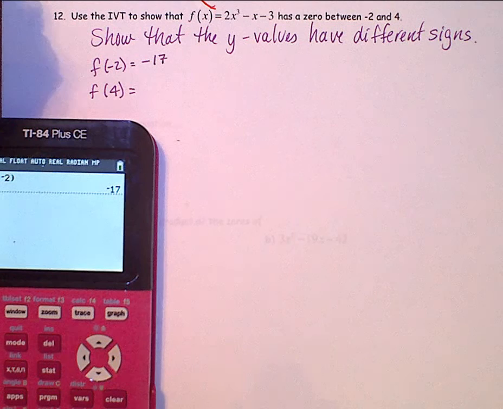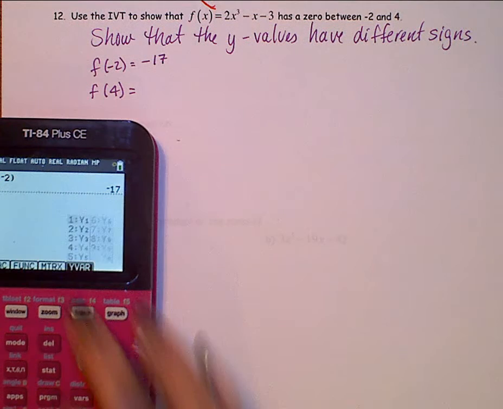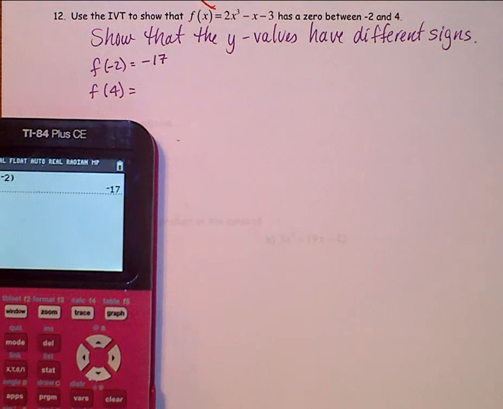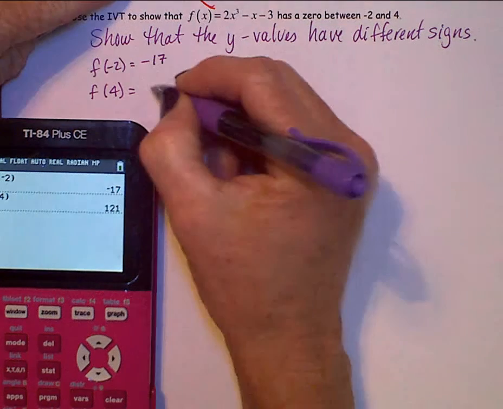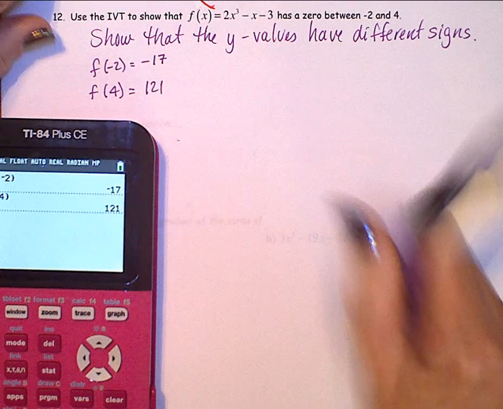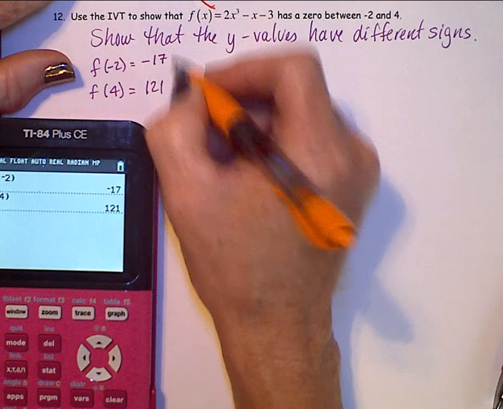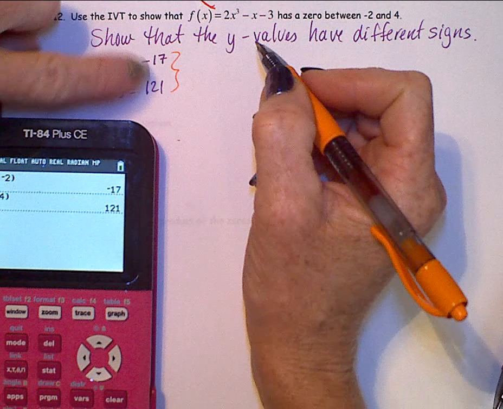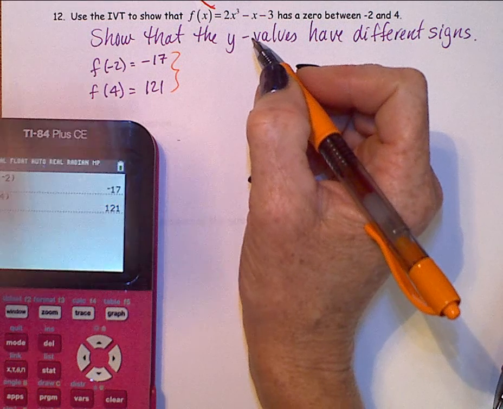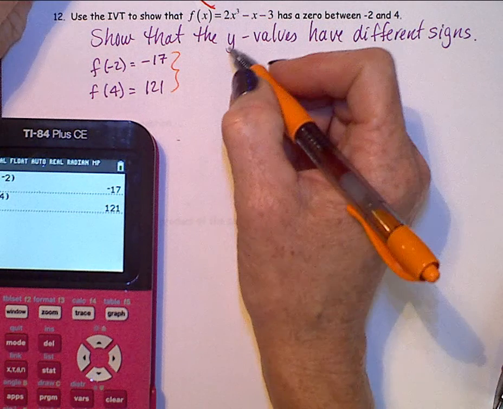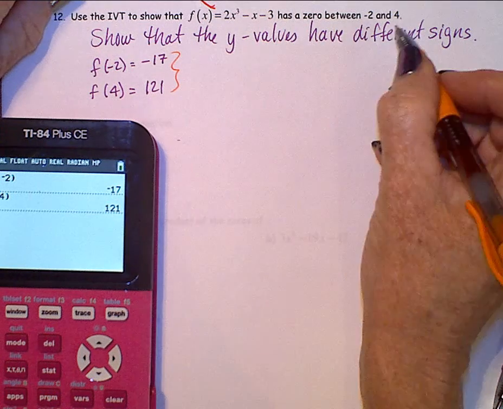Let's find f of 4. Again, alpha F4, Y1 at 4, and that gives us 121. Right here, this tells us there is a sign change between the y values. Therefore, there must be at least one zero between x's negative 2 and 4.